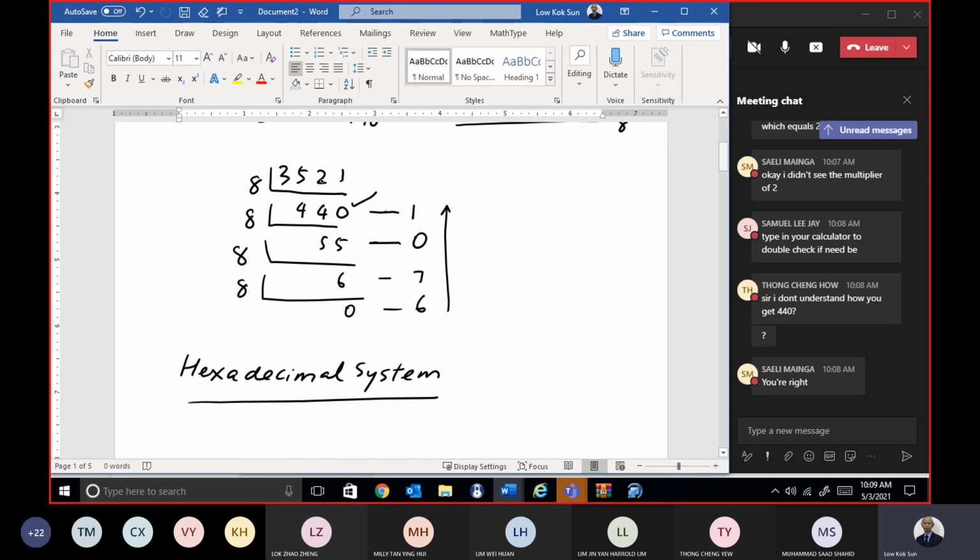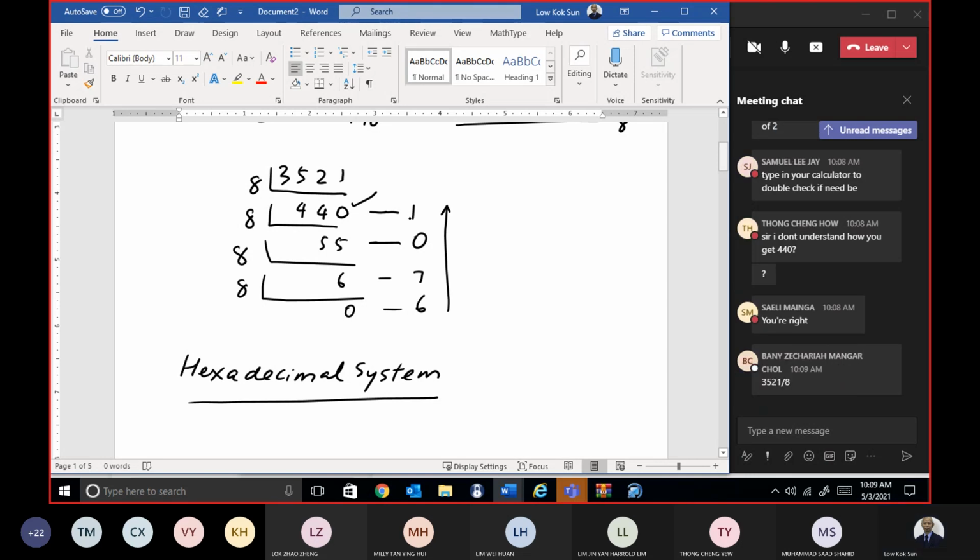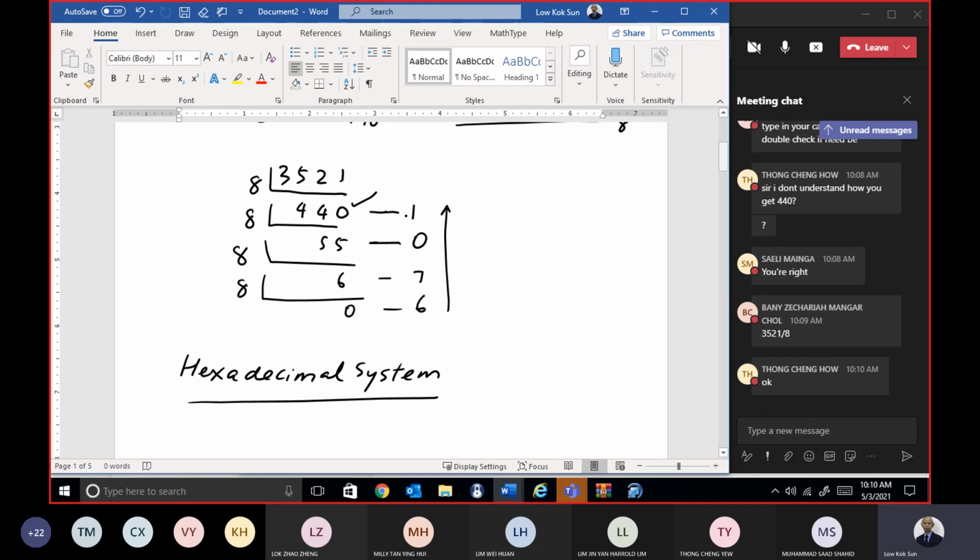Nothing left. So 1 divided by 8, I get 0, and there's a remainder of 1 because there's 1 here. Just now everything was used up, only 1 left. So 1 divided by 8, I get nothing, and this 1 becomes the remainder. Ching Hao, you got it? Good.